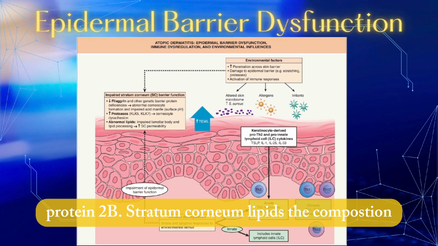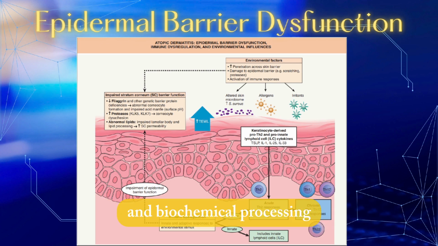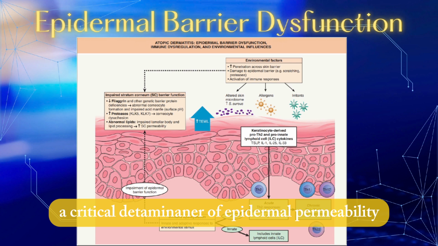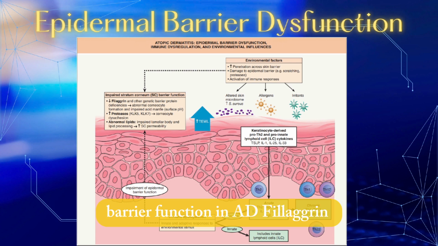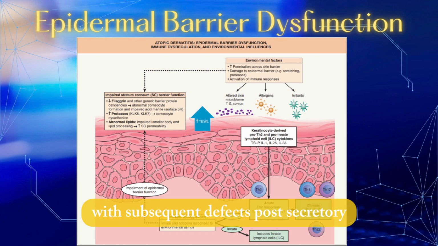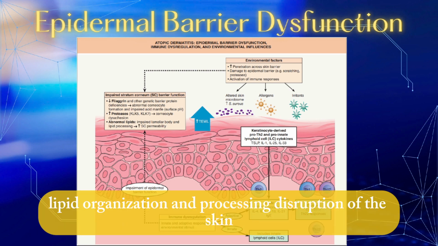Stratum corneum lipid. The composition, organization, and biochemical processing of stratum corneum lipid are critical determinants of epidermal permeability barrier function. In AD, filaggrin-deficient cytoskeletal scaffold contributes to abnormal loading and secretion of lamellar bodies, with subsequent defects in extracellular lipid organization and processing.